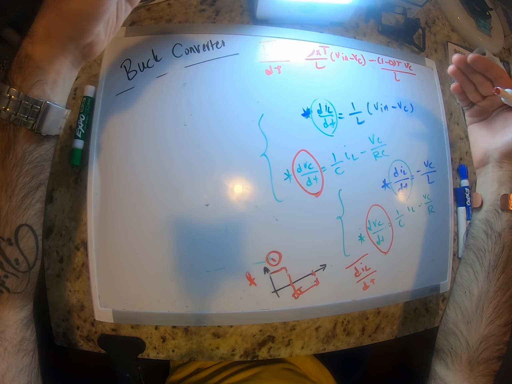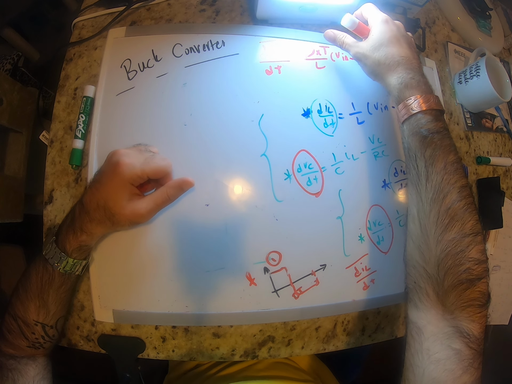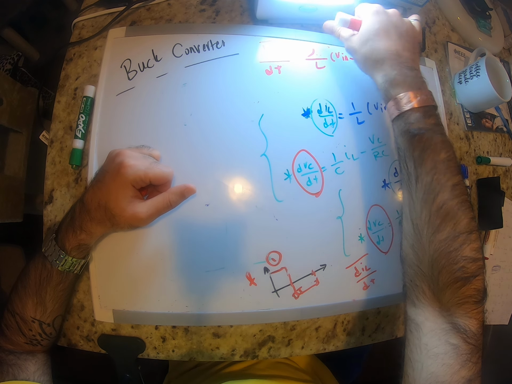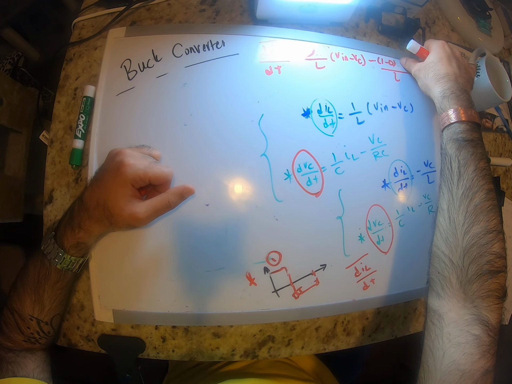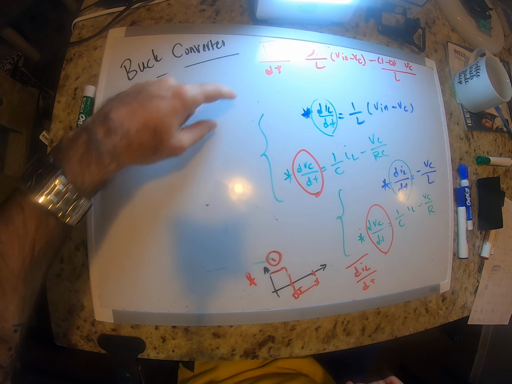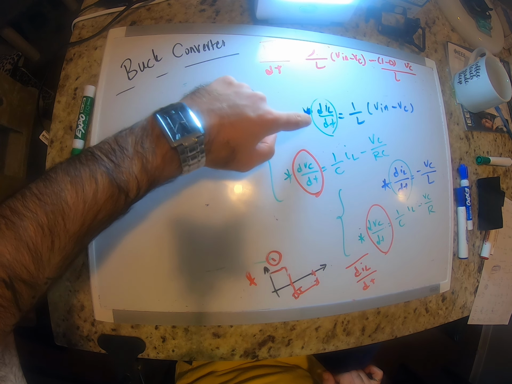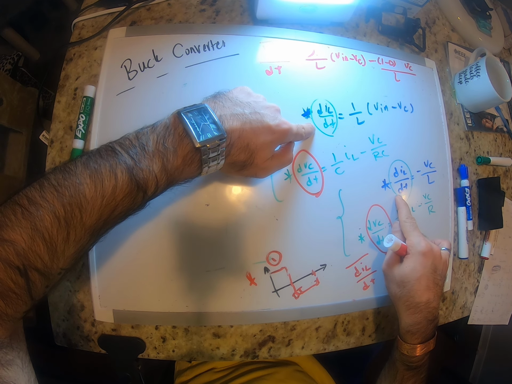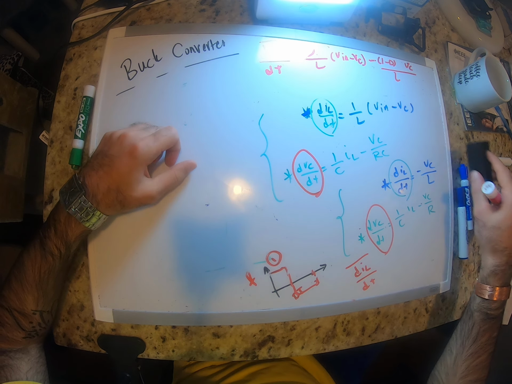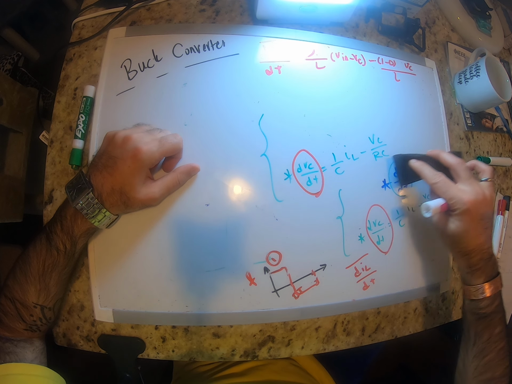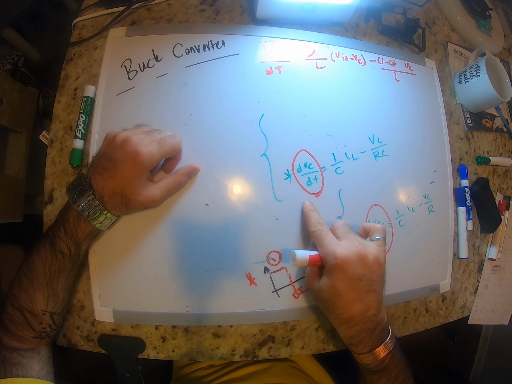The average is the area divided by the period. If we divide this by the period, the T is gone. So this is the average value of dIL over dt. This is done, we don't need this anymore. We do the same thing here.